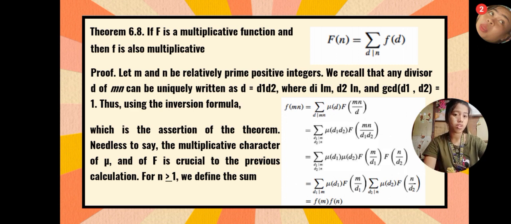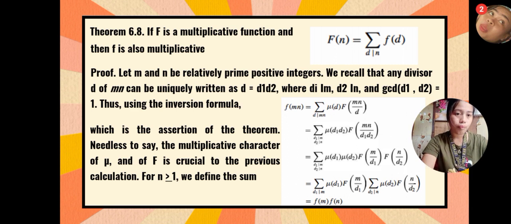So we will use the inversion formula: f(mn) is the summation of μ(d) F(mn/d) such that d divides mn.